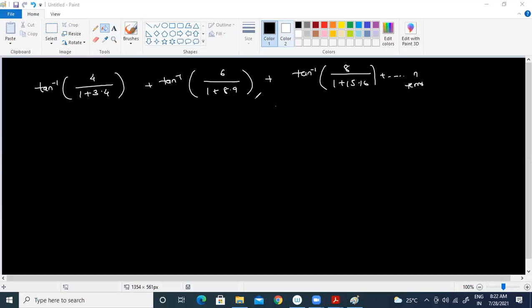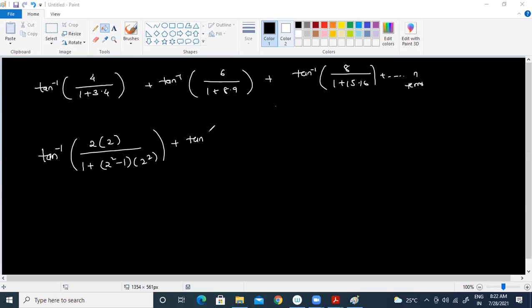Yes? Now what did I understand from this? Now 4 is nothing but twice of 2, and 1 plus 3 is 2 square minus 1, and 4 is 2 square. Yes, do you all agree?